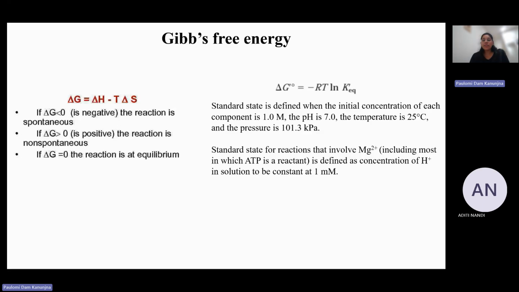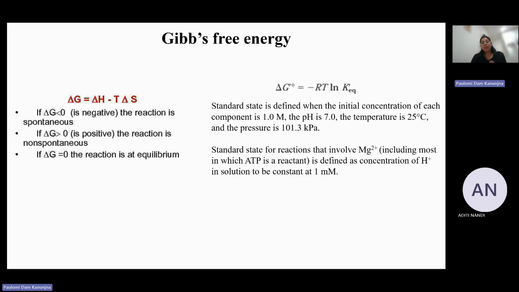This delta G naught, G naught, E naught, these you will see in chemistry also. Those are standard equations. This right now here is a standard equation, yes. But a standard state in general, if you look in chemistry, is basically when there is pH 0 and the concentration is 1, right?